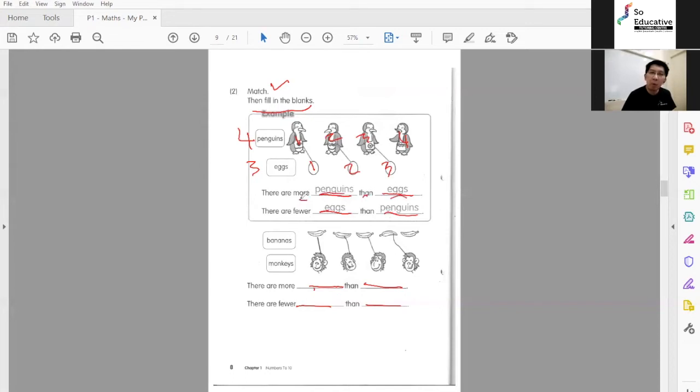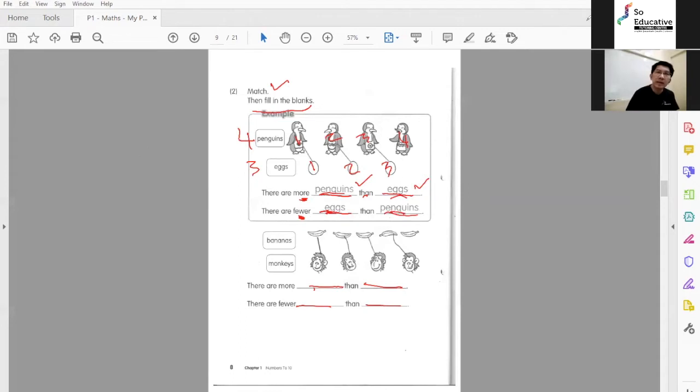There are more penguins. That's why we write down here penguins, than eggs. Now they ask there are fewer. So let's start with smaller number. There are fewer eggs than the penguins.